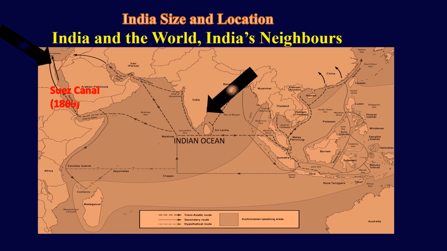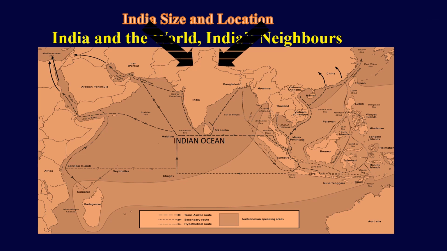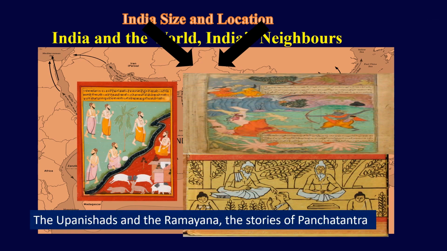Thus, India has relationships with other countries through the maritime routes, the sea routes. But India's relations with other countries through land routes in the north are much older than the maritime routes. Since ancient times, travelers have traveled to other countries through the mountain routes in the north. Through these routes the Upanishads, the Ramayana, and the stories of the Panchatantra reached other countries.